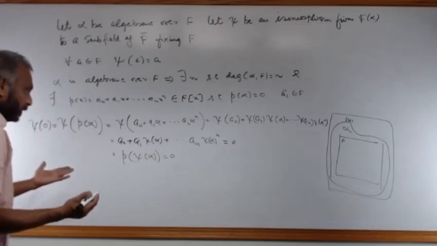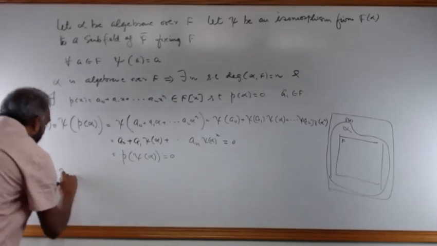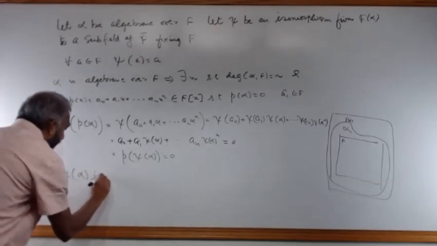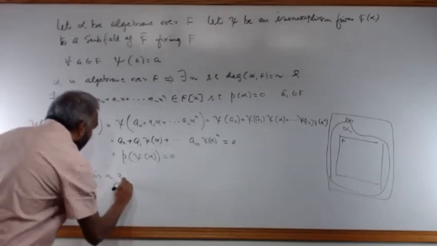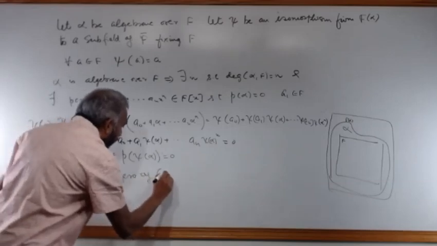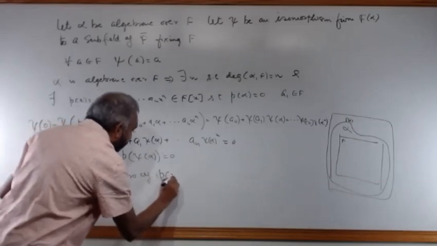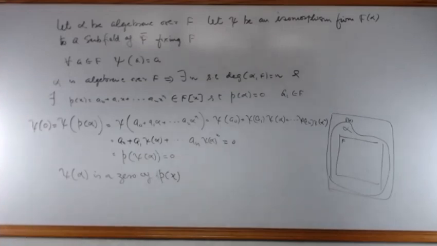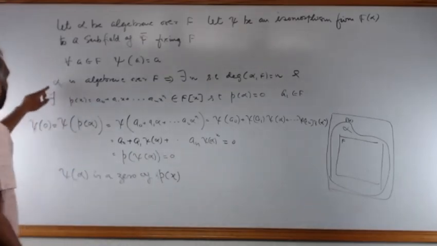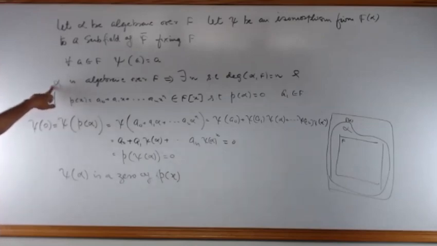In other words, psi of alpha is a 0 of P of x. What is P of x? P of x is the irreducible polynomial of alpha.